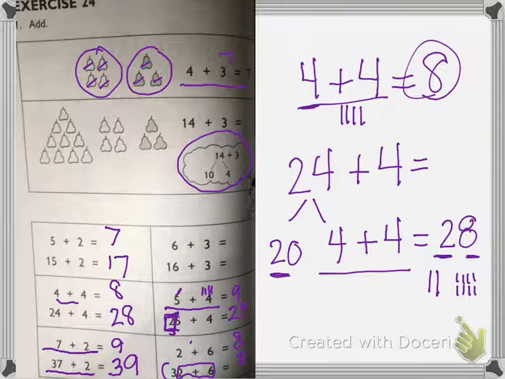You put the 8 in the ones column, and what in the tens column? 3. 38. 32 plus 6 is 38. Okay, and now I want you to work on the next page, which would be page 51.